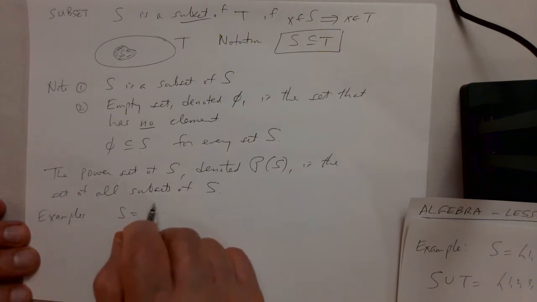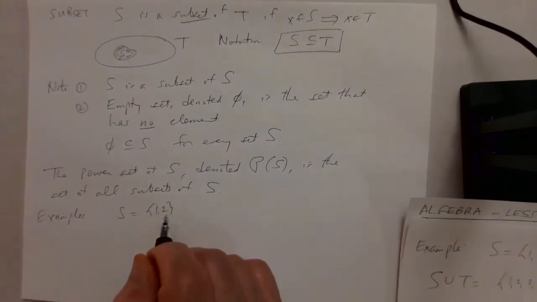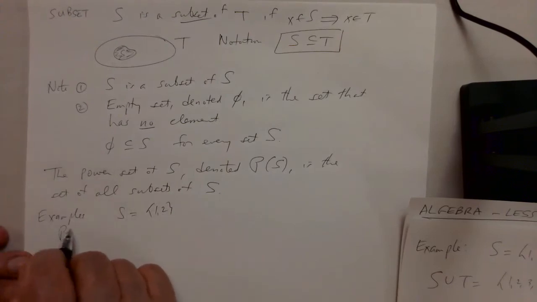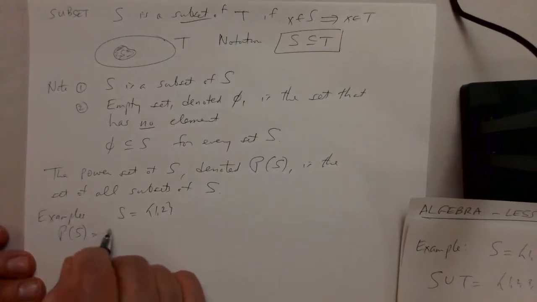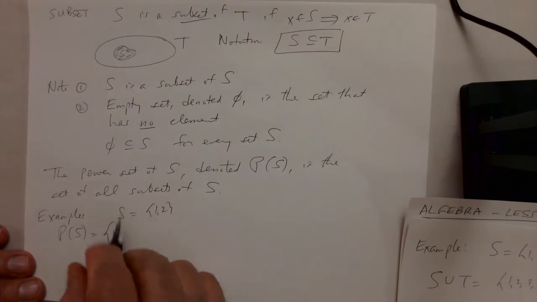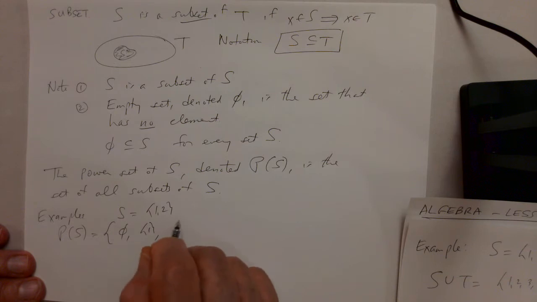Suppose S consists of just the numbers 1 and 2. What is the power set of S? It's all subsets of S. The empty set, the set that just contains 1, the set that just contains 2, and the set itself.